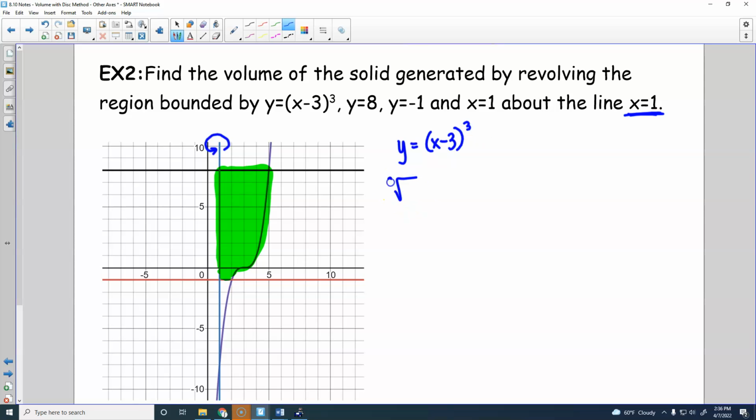I will cube root both sides and add the 3. So I'll get cube root of y plus 3. 3 is outside. You may want to even write it like this, 3 plus the cube root of y, just so you don't accidentally put the 3 underneath the cube root. So that is our equation of the purple line there. It is purple, but when I highlighted it, it kind of turned black.